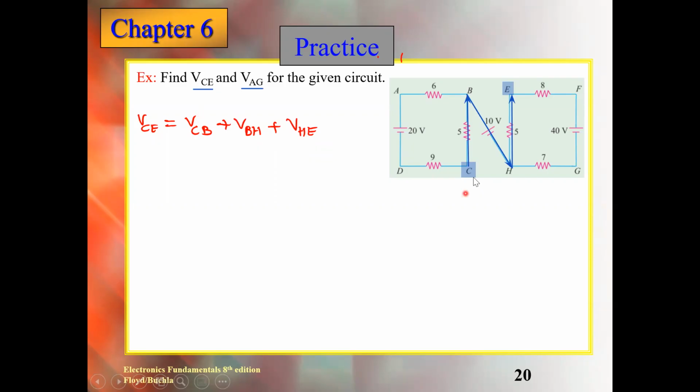VCB is the voltage of this branch from C to B, and from C to B we have only one resistor. If we multiply the R value, which we know, by the current flowing here, we can calculate the voltage. Similarly for HE, if I know how much current is flowing in this circuit, we can calculate the voltage here. Are you getting it?